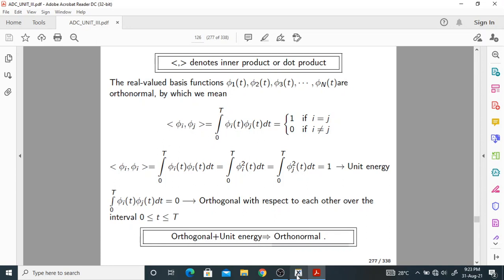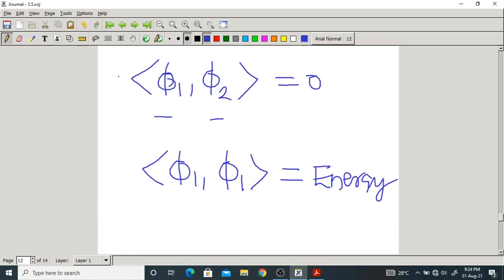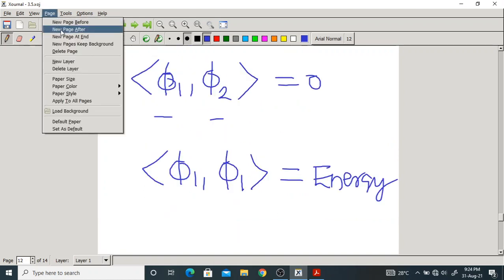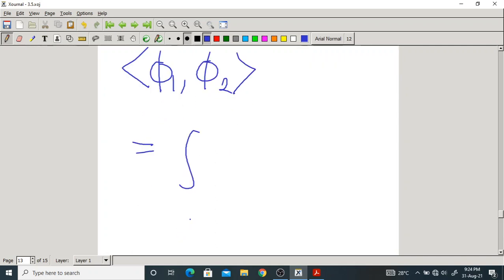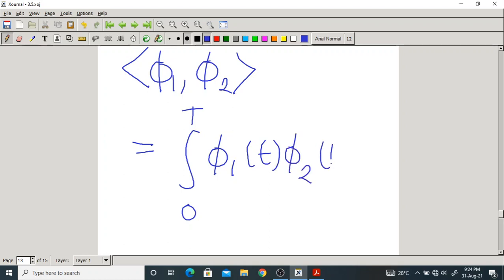I am writing in the form of signals only. You can write in the form of vectors also. Suppose I say phi1 and phi2, what is the inner product? If they are signals, what do you find out? It is the integral from 0 to T of phi1 of t into phi2 of t dt.